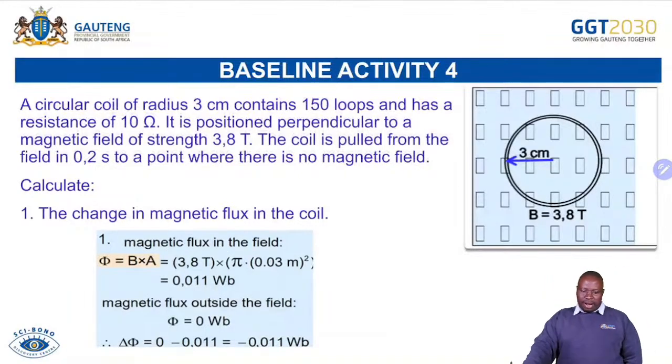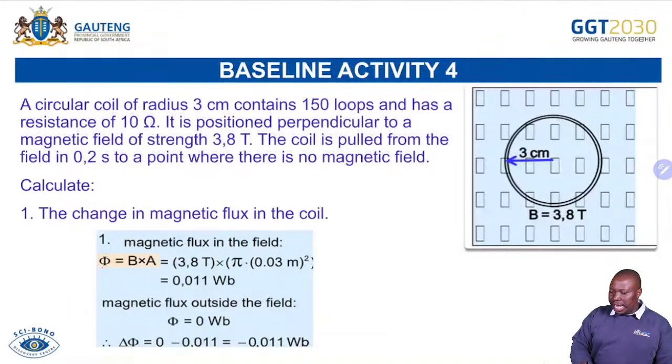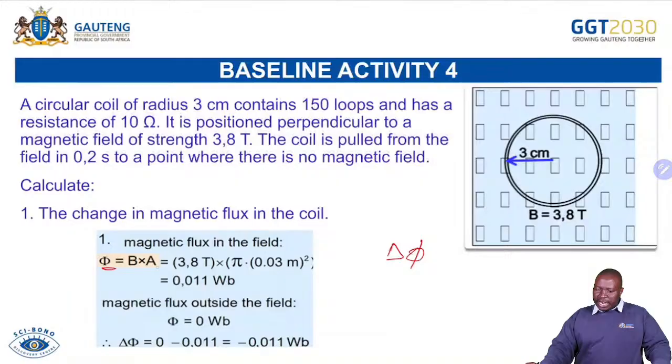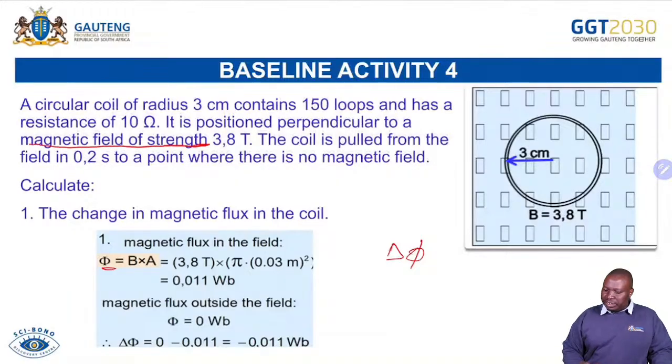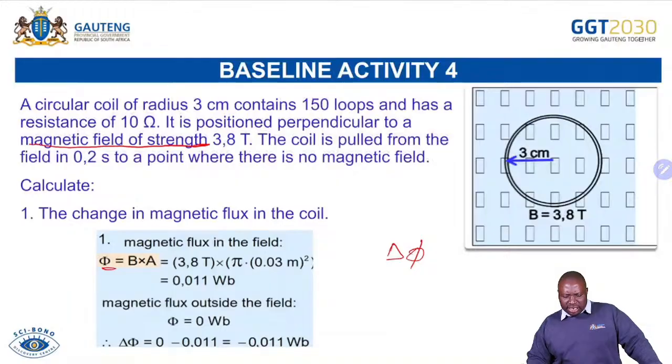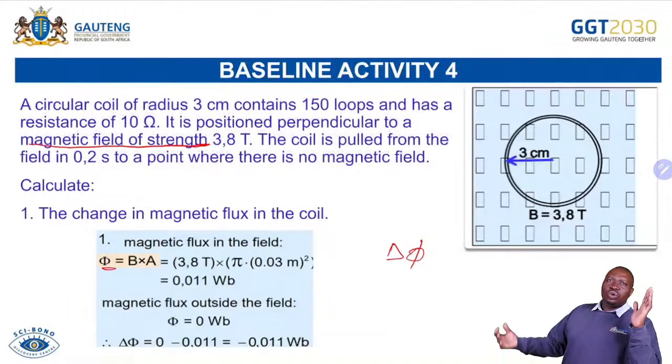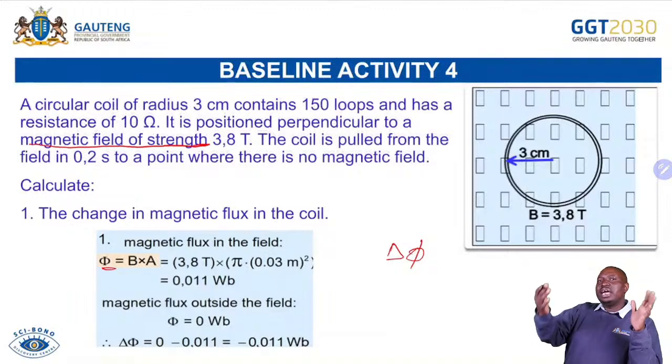So we are saying magnetic flux is given by that. Remember I said change in magnetic flux is that one, which is now your B times A. And very importantly, your B is the magnetic field strength, which was 3,8 T. We don't expect you, when you're doing calculations, to substitute the SI units.